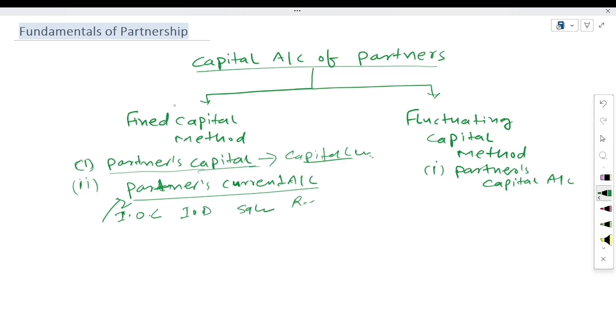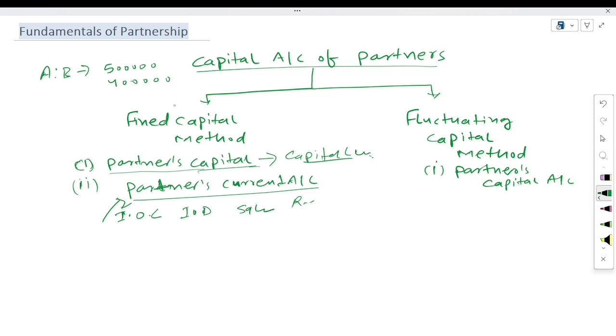Suppose, just for example, see here, here is a question. A and B both are partners, having a fixed capital of rupees 5 lakh and 4 lakh. These are the fixed capital.